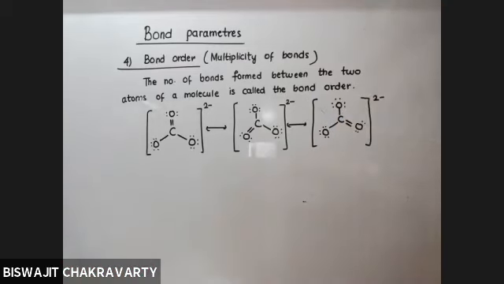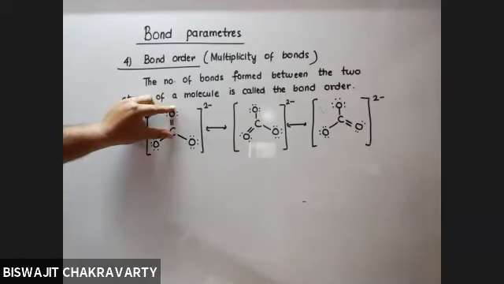So tell me, what will be the bond order of carbon-oxygen in carbonate ion? 1.33. How have you calculated? 2 plus 1 plus 1 divided by 3.